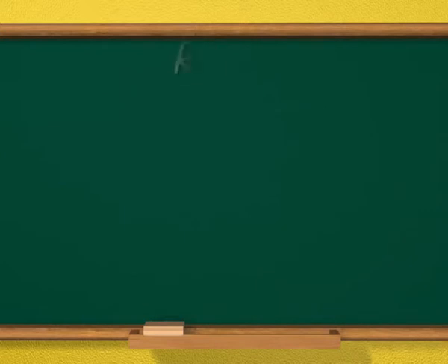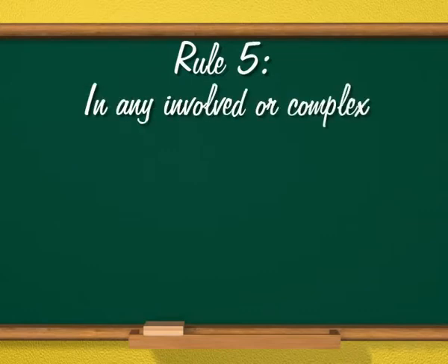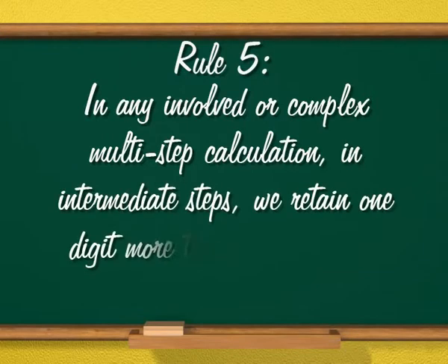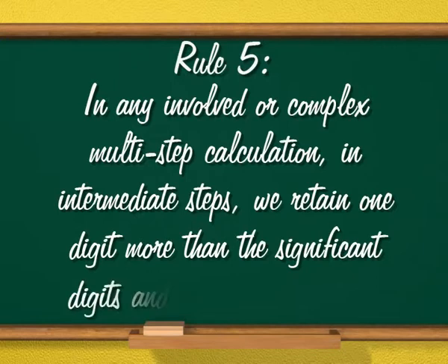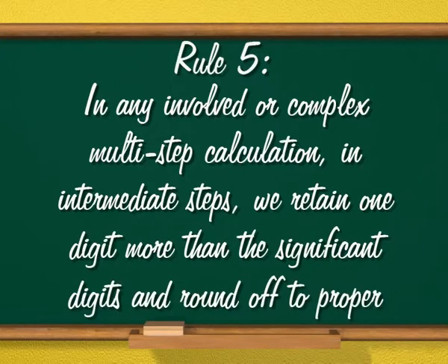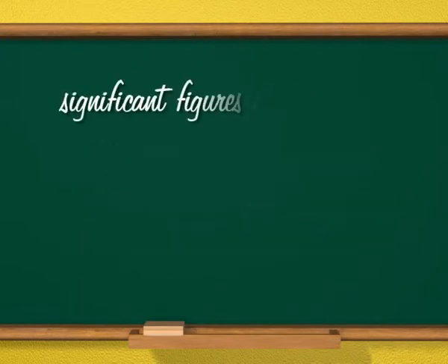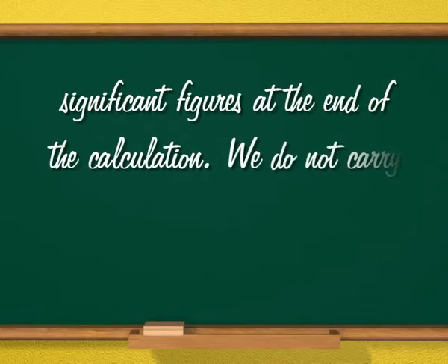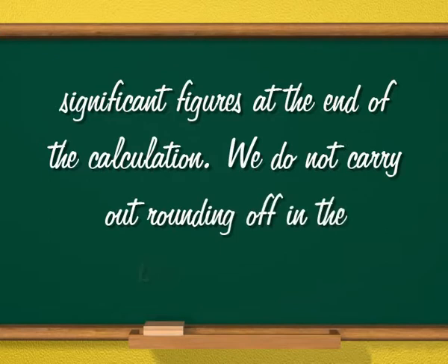Rule 5 is, in any involved or complex multi-step calculation, in intermediate steps, we retain one digit more than the significant digits and round off to proper significant figures at the end of the calculation. We do not carry out rounding off in the intermediate steps.